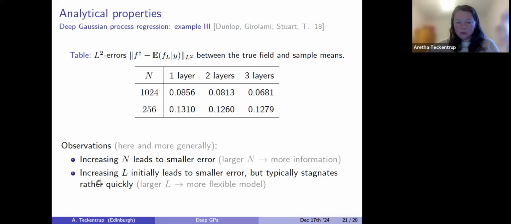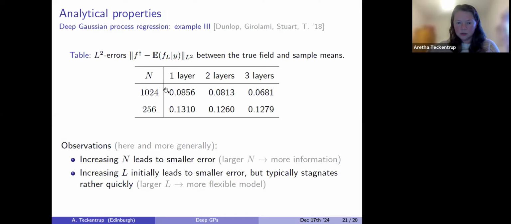The other thing that you typically observe here, and more generally in deep Gaussian process papers, is that increasing the number of layers L does initially give you a benefit. It does lead to a smaller error, but only to some extent. There is usually a point at which increasing L does not give you any more benefits.